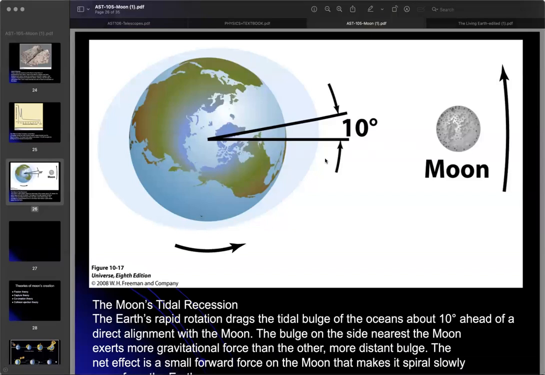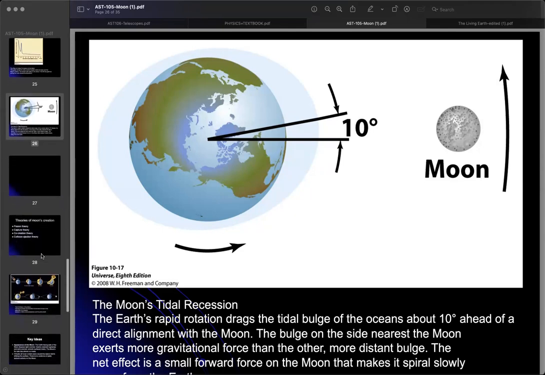There is an interaction between the tides and the moon. The tides produced on the Earth also apply a gravitational force on the moon, causing it to move faster in its orbit around the Earth. This causes the moon to gain energy and slowly spiral away from the Earth every year, although this process is very, very slow, but it is significant and adds up.